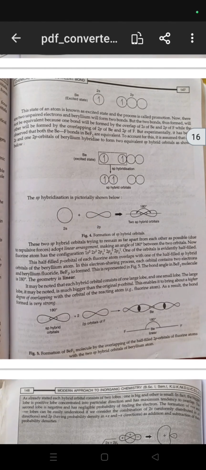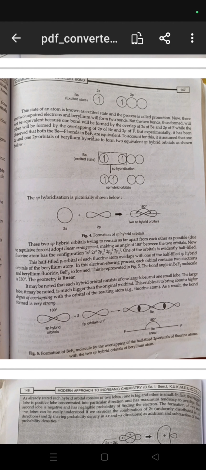To account for the divalency of beryllium, one of the electrons from 2s is promoted to the next available vacant 2p, as shown. This state of an atom is known as the excited state and the process is known as promotion.